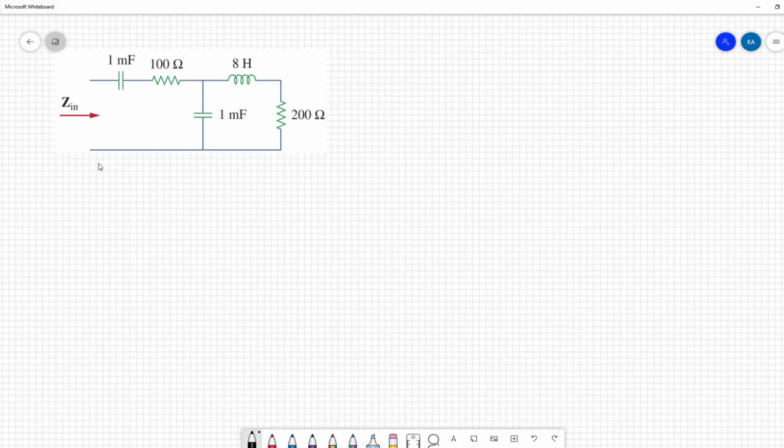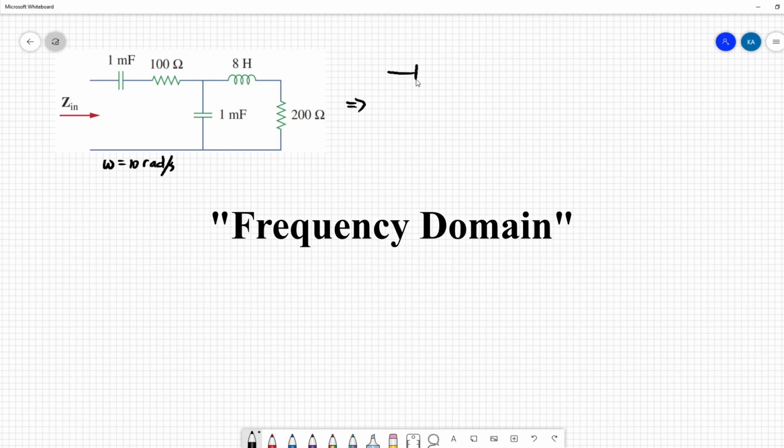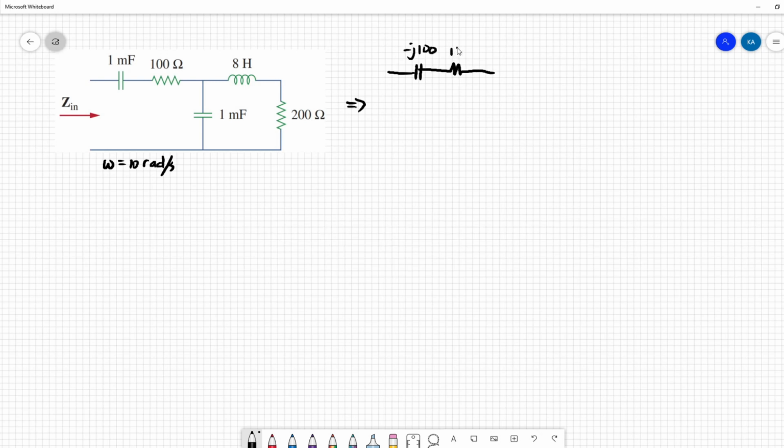For example, this circuit is operating at omega equal to 10 rad per second. Converting this circuit into the frequency domain, we have negative j100 in series with 100.